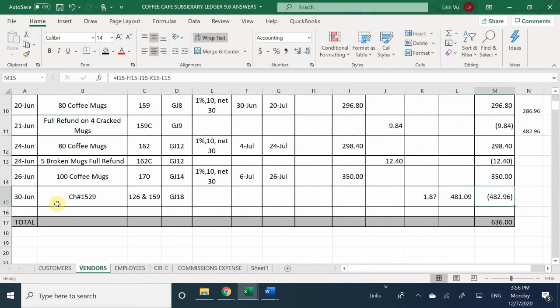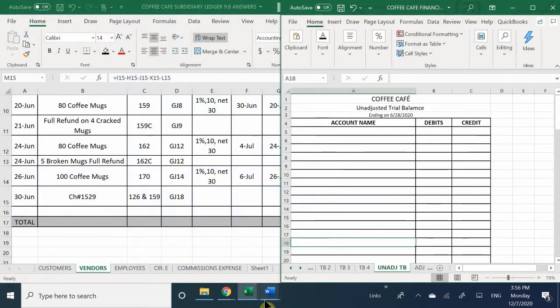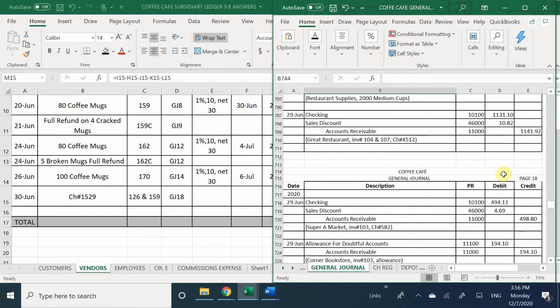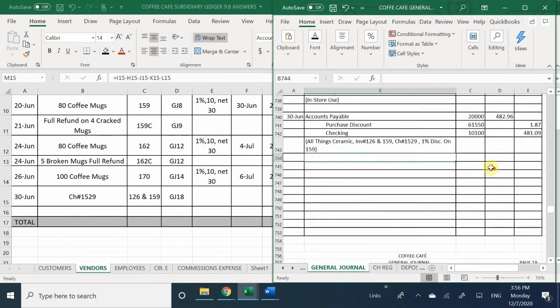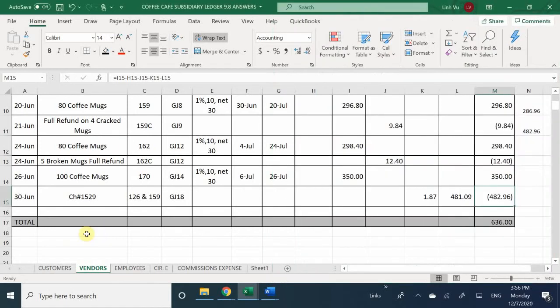And we're gonna note the invoices in the invoice column. So 126 and 159. Did we switch to digital? No, no, no. Oh, wrong one. Okay. Still on 18, right? Yes. And that's it, because the rest of it's already done.